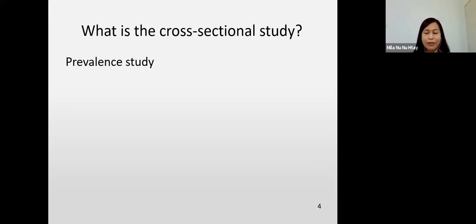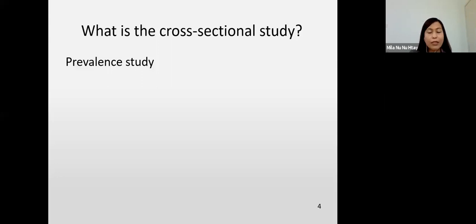Here is the difference between prevalence and incidence. For incidence, we usually include the new cases, newly identified cases or occurrences. But for prevalence, we include all the old or existing cases, existing conditions, plus new cases. So the cross-sectional study tries to investigate the prevalence.